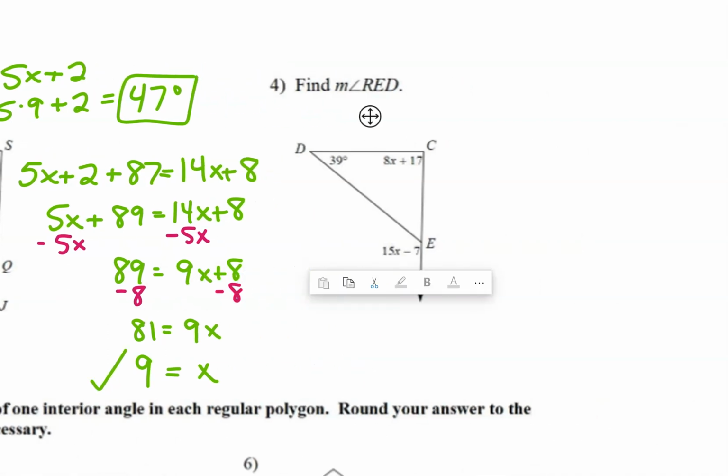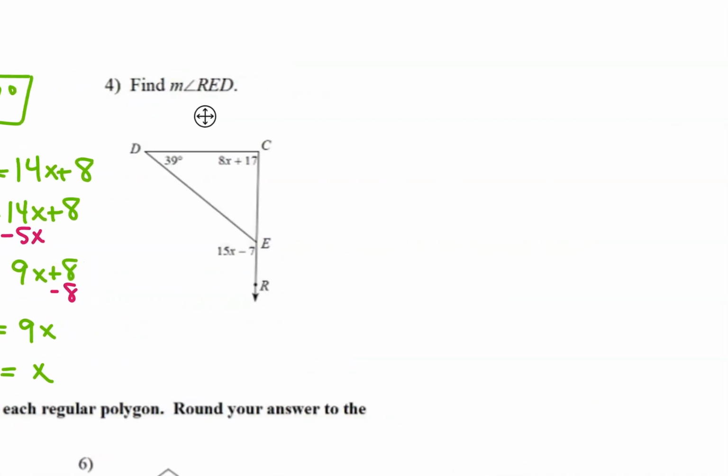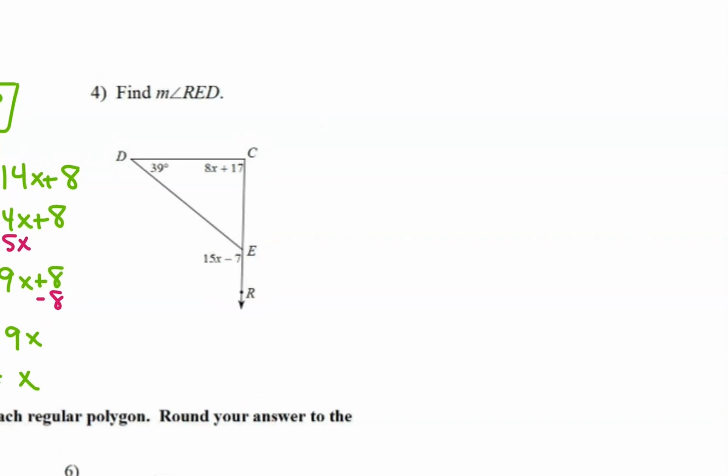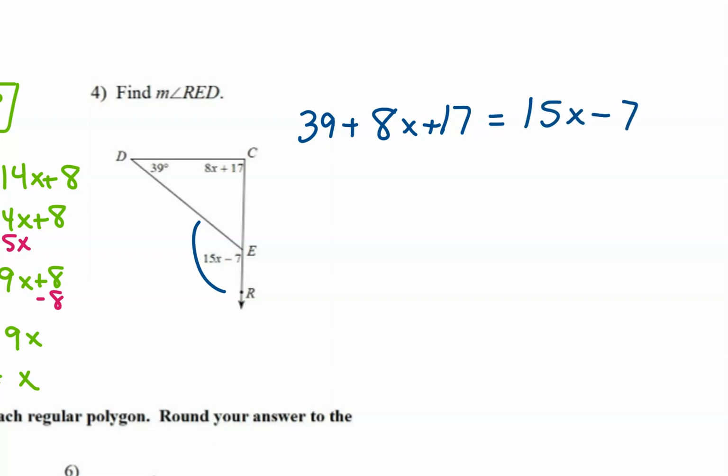Okay, I'm going to give you a minute to try number 4 on your own. So if you're watching the video, just pause the video and go ahead and try to solve number 4. Okay, so for this one, we would set it up angle D, which is 39 degrees, plus angle C, which is 8x plus 17, equals, and then you've got that outside exterior angle, 15x minus 7.